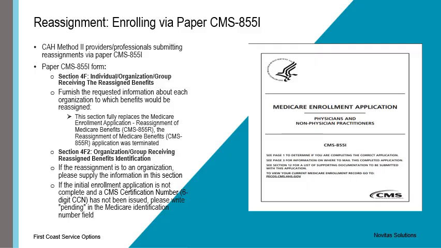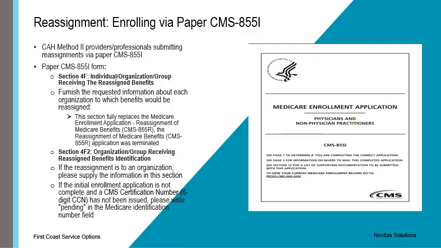Under the 855I form, section 4F, individual, organizational, group receiving the reassigned benefits, you're going to furnish the requested information about each organization to which the benefits would be reassigned.